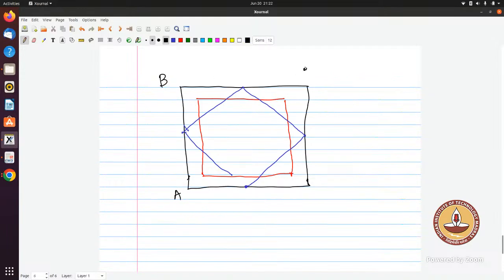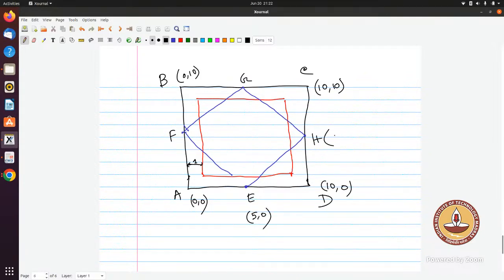C, D, E, F, G, H, and this is 1. This is 0, 0. This is 10, 0. 10, 10. 0, 10. E, F, G, H are midpoints, so this is 5, 0. This one is 10, 5. This one is 5, 10. This one is 0, 5.